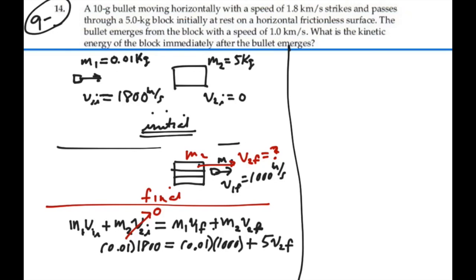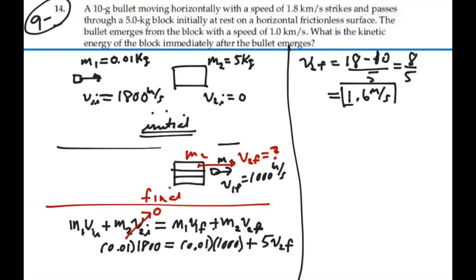So we have that v2 final will equal 0.01 times 1,800, which is 18, minus 10, all divided by 5. So that's going to be 8 divided by 5, or 1.6 meters per second.